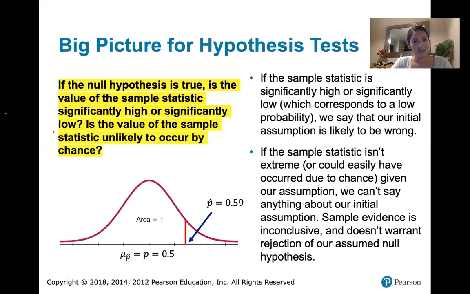If it is likely to occur by chance, we say maybe p equals 0.5 is correct. We can't be sure, but sample evidence does not suggest that we should throw out that possibility. But if p hat equals 0.59 is extreme, given that assumption, we might say maybe our assumption is wrong.